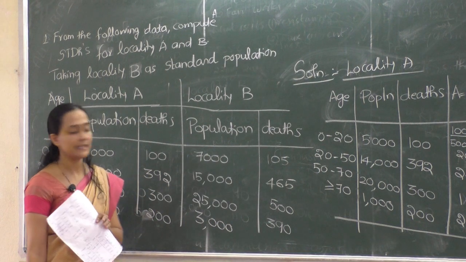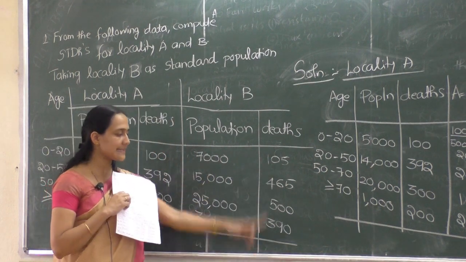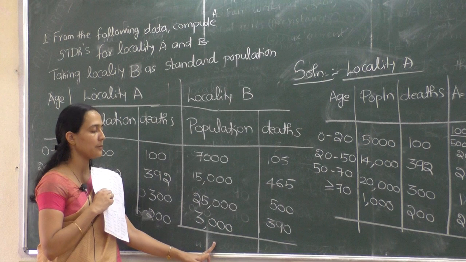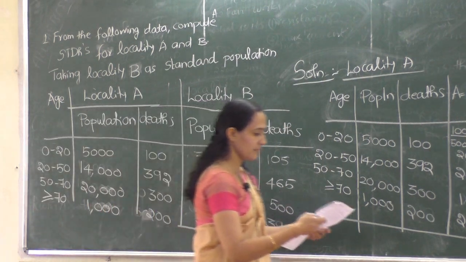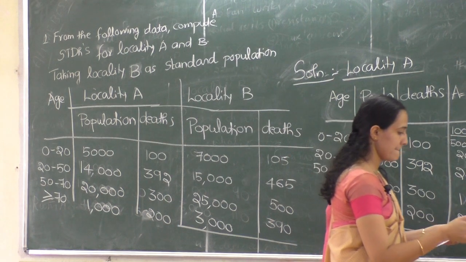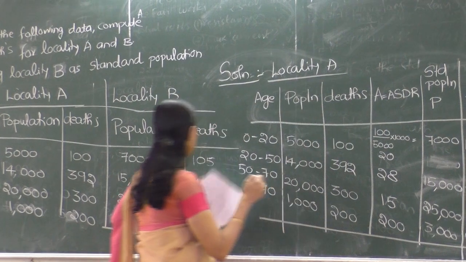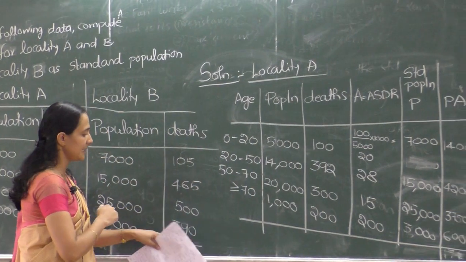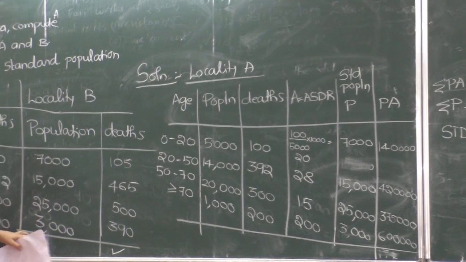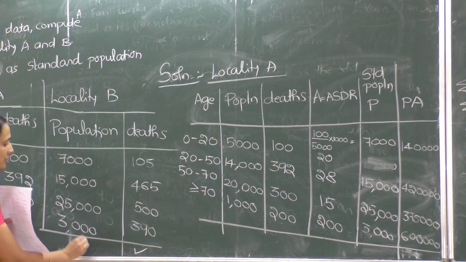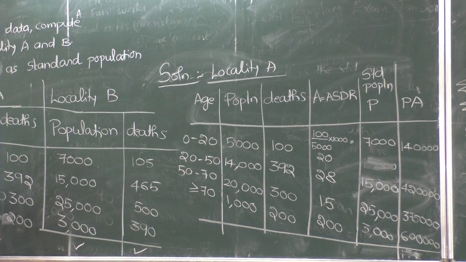Just compute this total. Total deaths divided by total population into 1000. Total deaths, this total we have to find: 105, 465, 500, 390. Similarly, locality B's total also we have to compute. This total divided by this total into 1000.